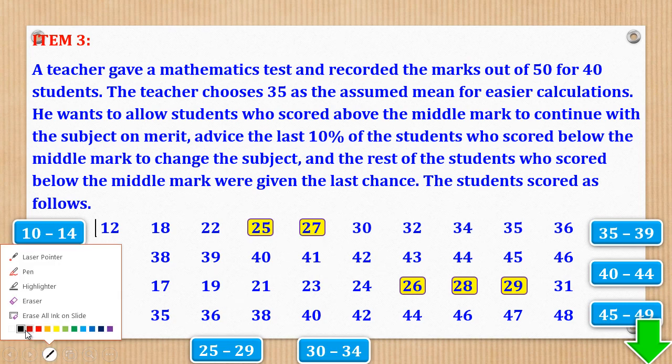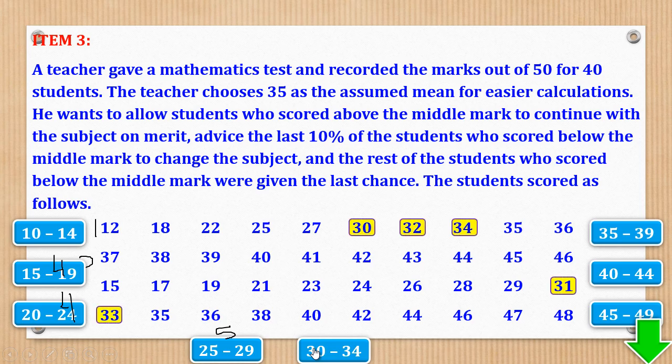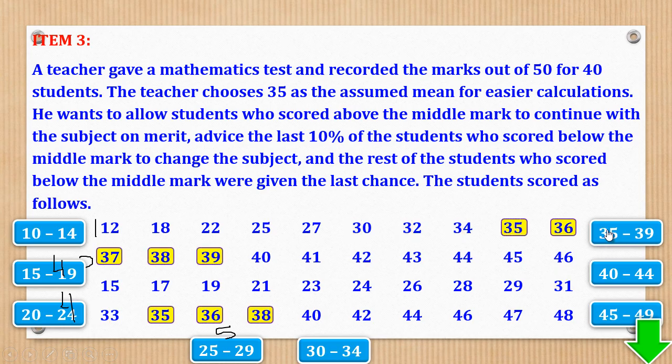So I shall write here 4, here it's 5. Then 30 to 34 it was 5. 35 to 39 it is 8. So we shall write here 5, here 8.